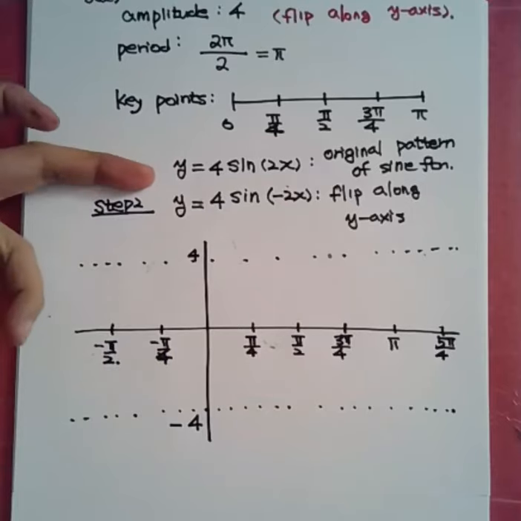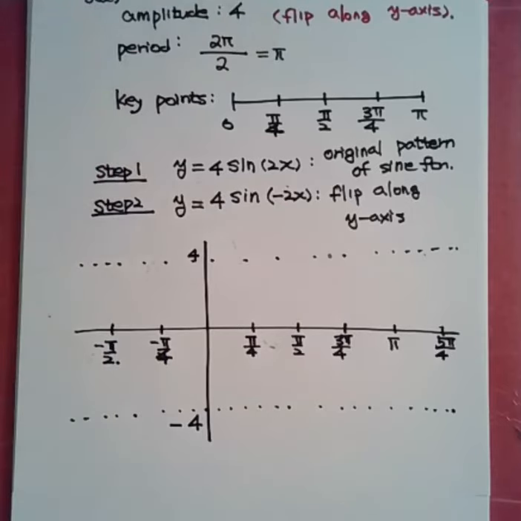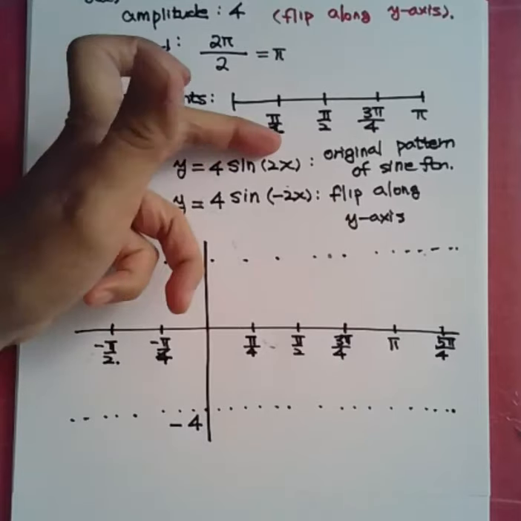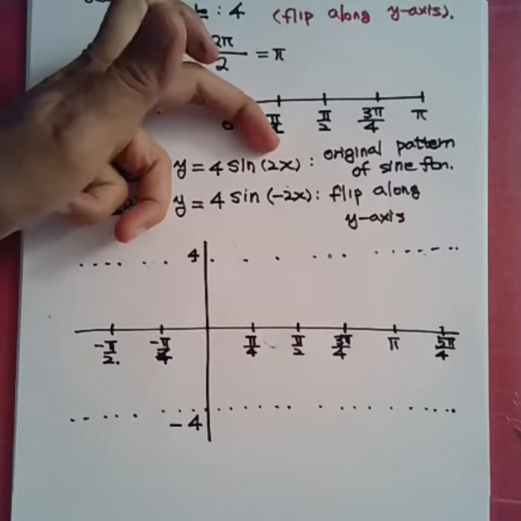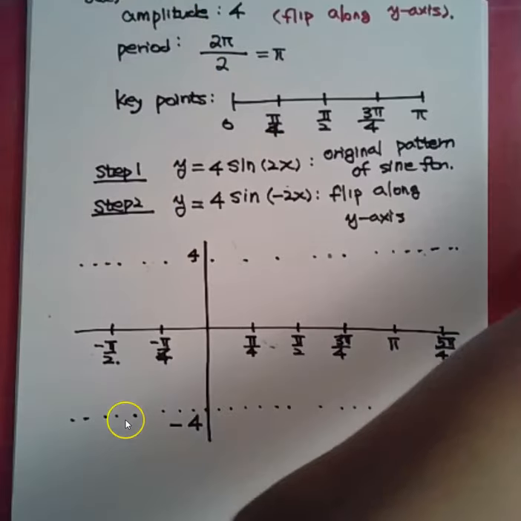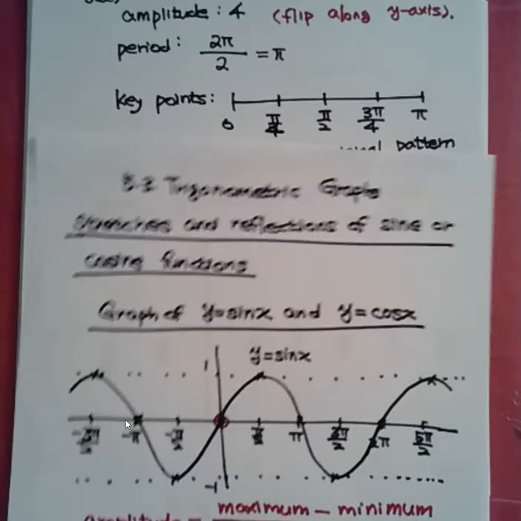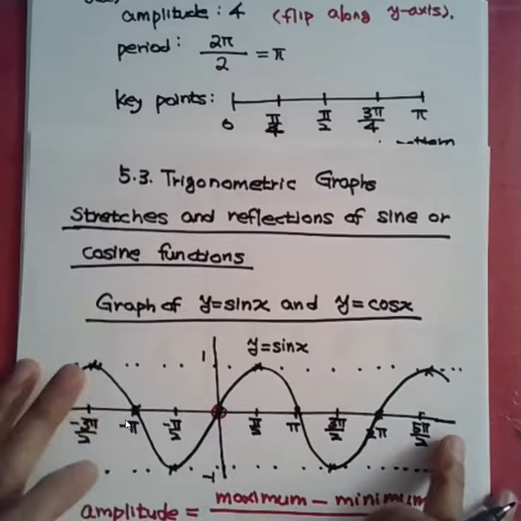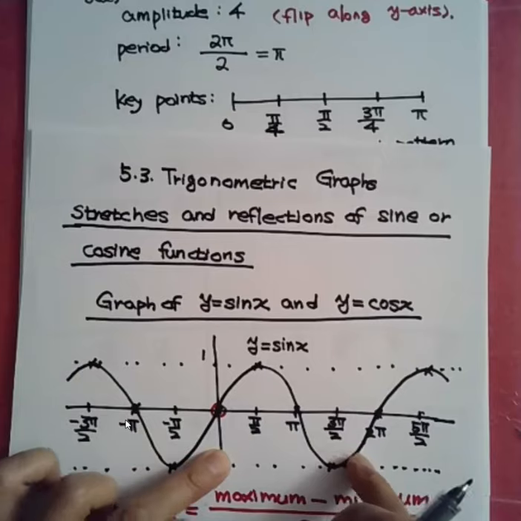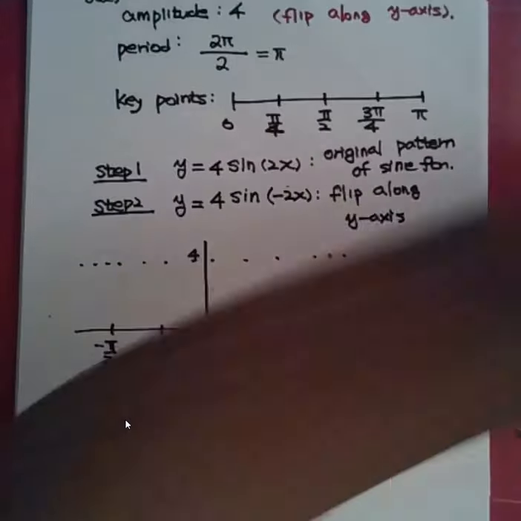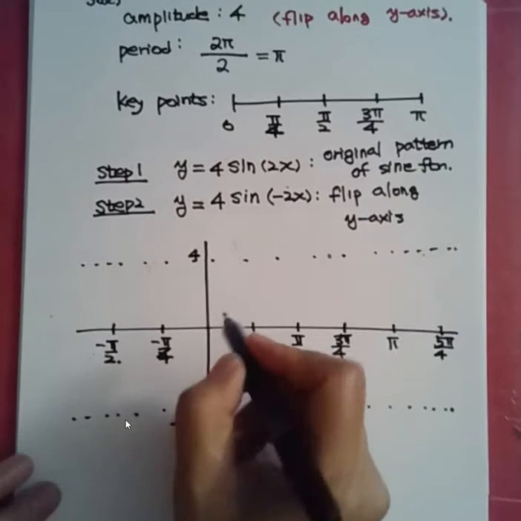We want to graph y equals 4 times sine of 2x. There is a vertical stretch and a horizontal shrink, but the pattern of the wave will be exactly the same. So we will follow the pattern of this function. It starts at 0 and goes up and makes a wave.